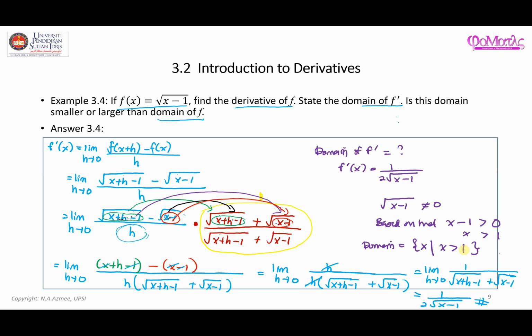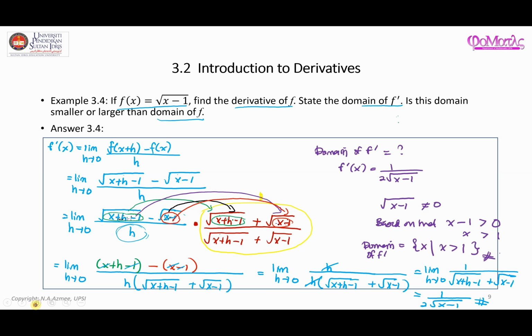So you can check if x is 2, this answer is going to be a positive value, and you can find the square root of it, and it is not going to be equal to 0. If x is equal to 1, 1 minus 1 is going to be 0, the square root of 0 is going to be 0, and we will have a problem here. So the domain of f prime is going to be this one: x must be greater than 1.